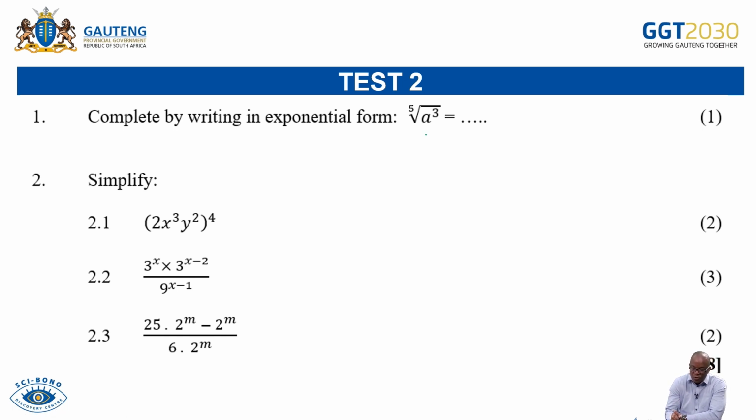So how are you going to write this one? You're going to have a, and we said what is inside the square root will go at the top, and what is outside the square root will go at the bottom. Okay?